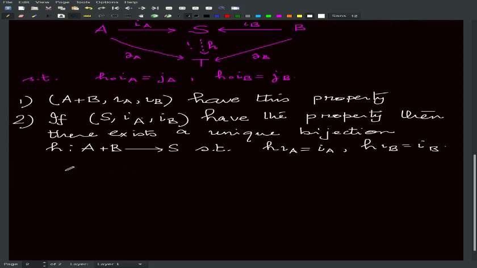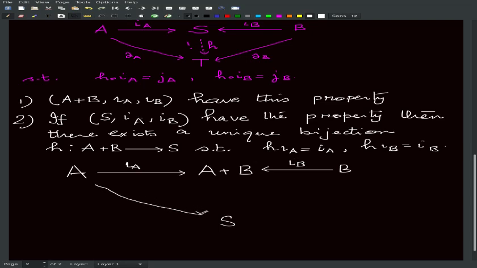So I have that this one already has such a property, which I am drawing, and you have told me that this triple also has this property.